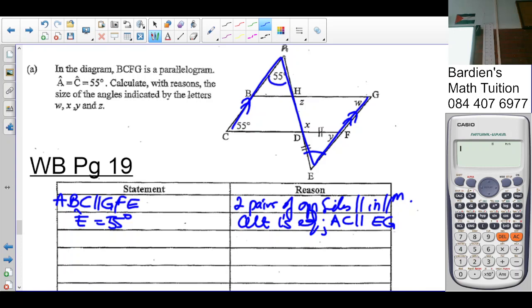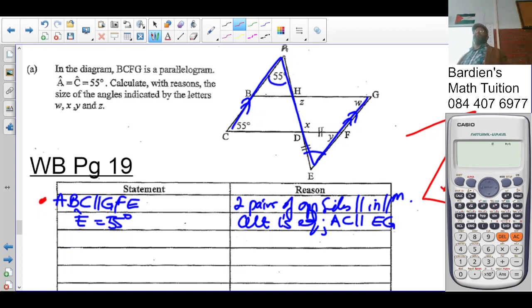Just taking a step back again. Did I have to state this in the first case? Yes, because alternate angles will only be equal once the lines are parallel. These angles are still alternate, but they're not equal.